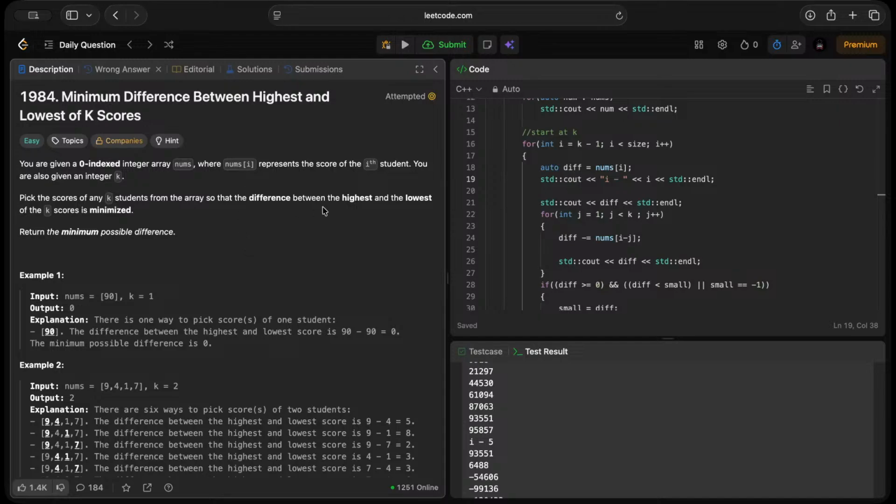Oh, the difference between the highest and lowest minimized. So I'm not solving the right problem.